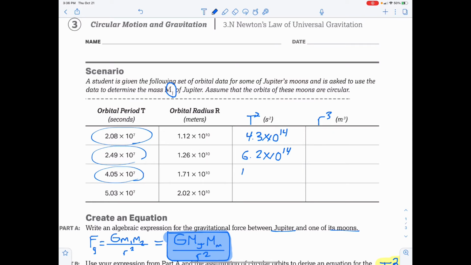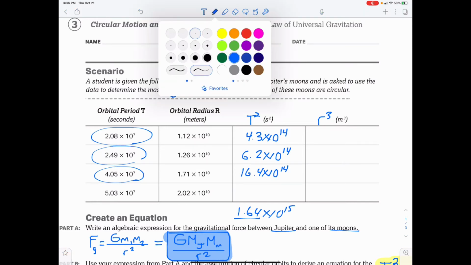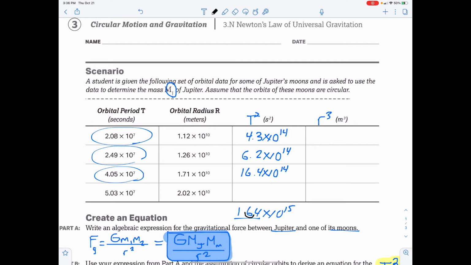Instead of 1.64, I'm going to write it as 16.4 times 10 to the 14. If I put 4.05 times 10 to the 7 in my calculator and square it, I actually get 1.64 times 10 to the 15 power, which is written in proper scientific notation. All I did was move the decimal point over 1, which brings the exponent down from 15 to 14.